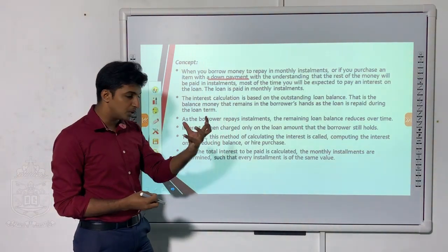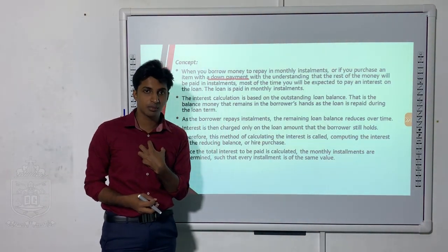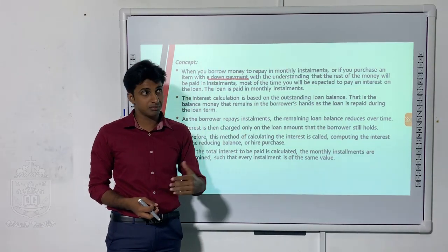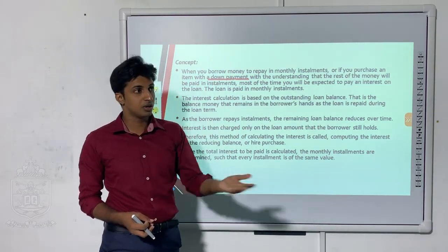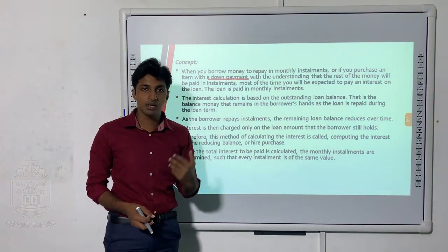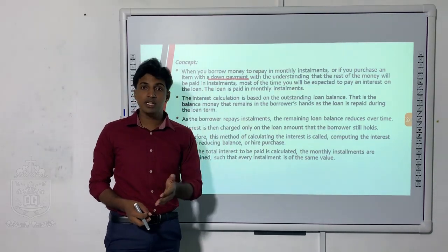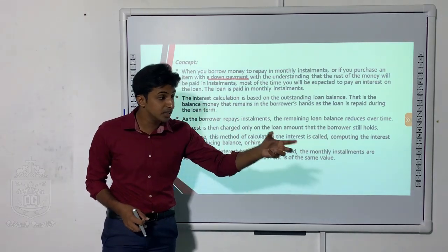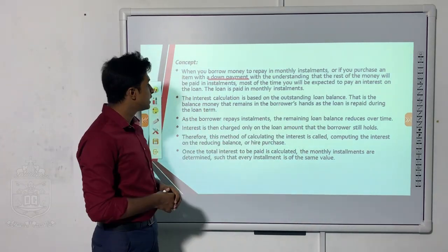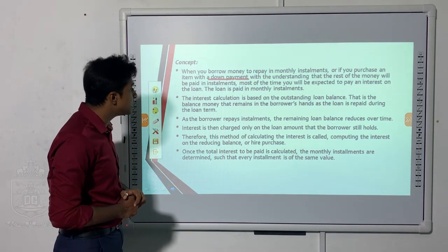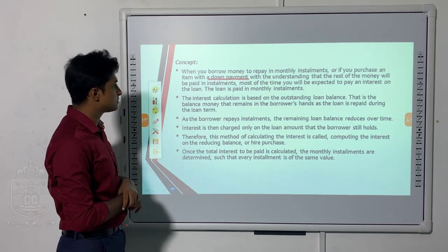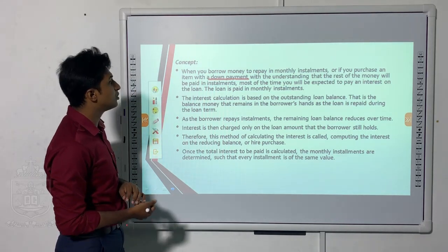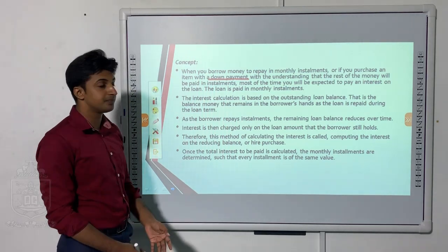Like I said, when you borrow some amount, they won't just give you the amount after 5 or 6 years or about 12 or 13 months. They will add an interest. That is what they are saying here, that the interest will be added in installments. The interest calculation is based on the outstanding loan balance. That is the balance money that remains in the borrower's hands as the loan is repaid during the loan term.